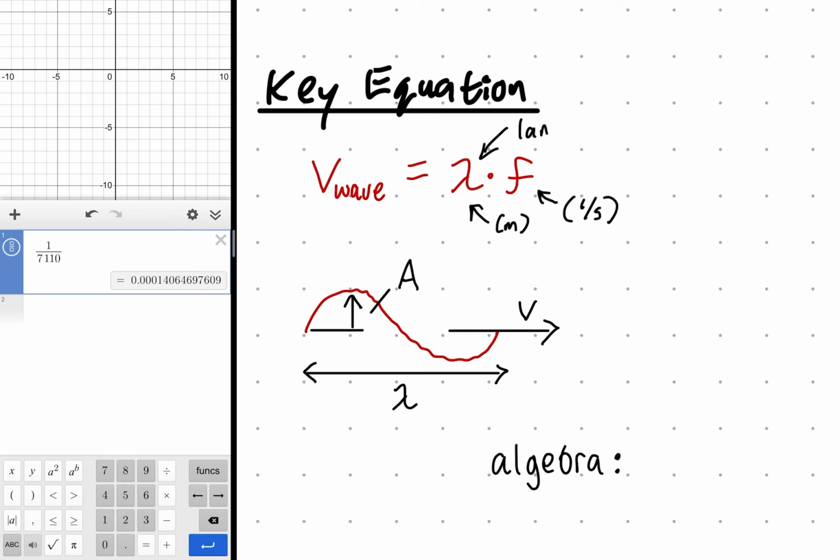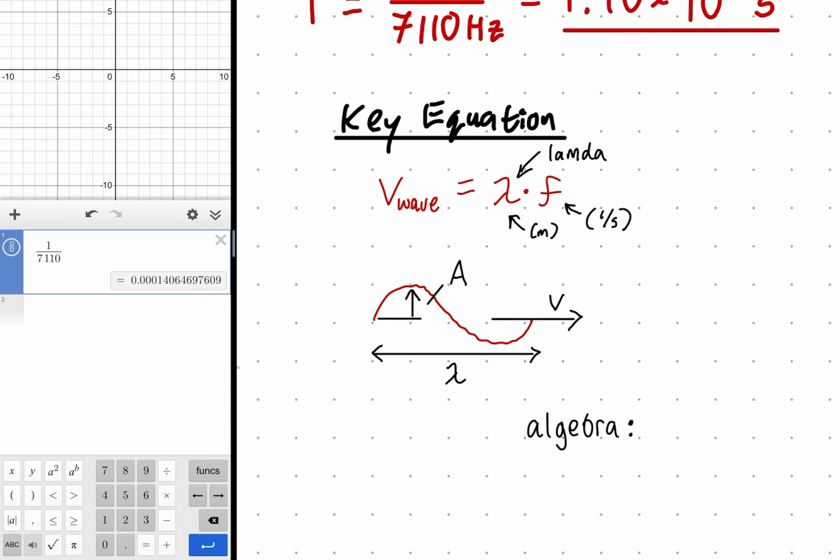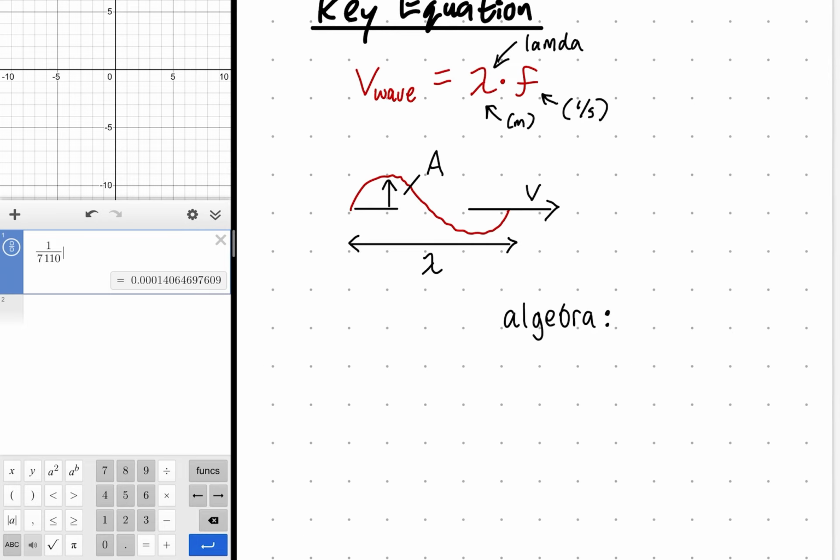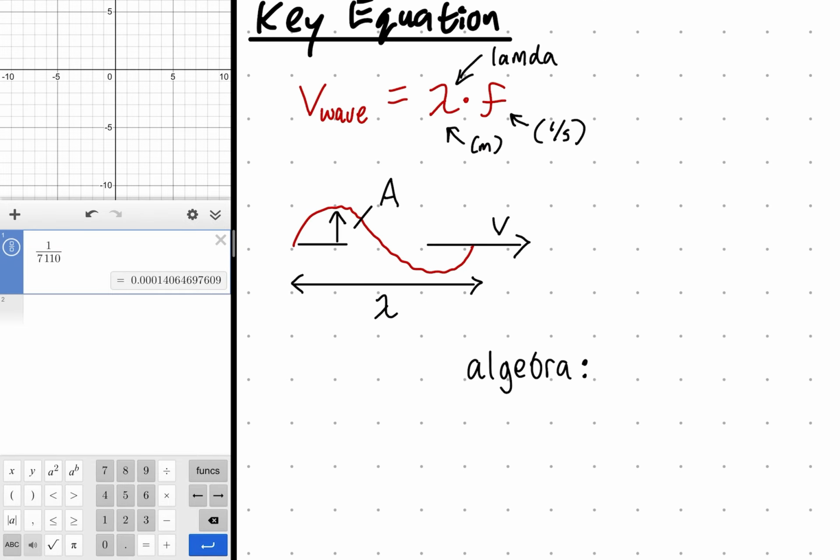I'll have to check the spelling on that. But regardless, it's called lambda. It's a Greek letter, and that's totally the standard that we use for wavelength. Also, we try to stay away from too many Greek letters because they can be a little intimidating, to be honest, right? But sometimes they make a lot of sense. This one is pretty easy to write, pretty distinct. So kind of like pi, it makes sense to use it.